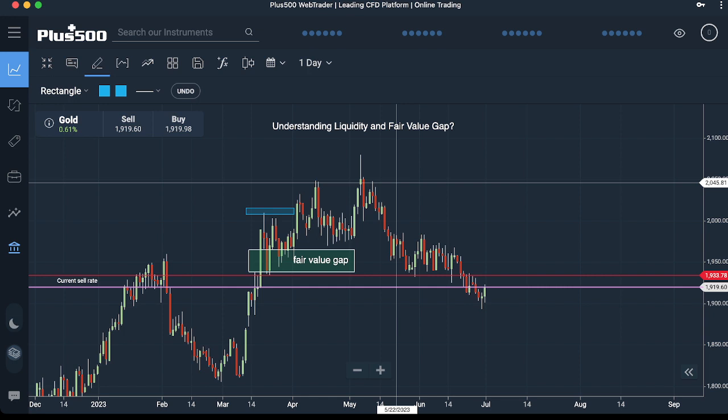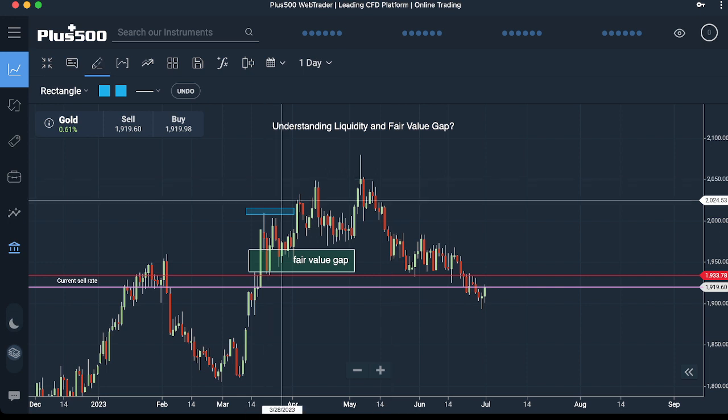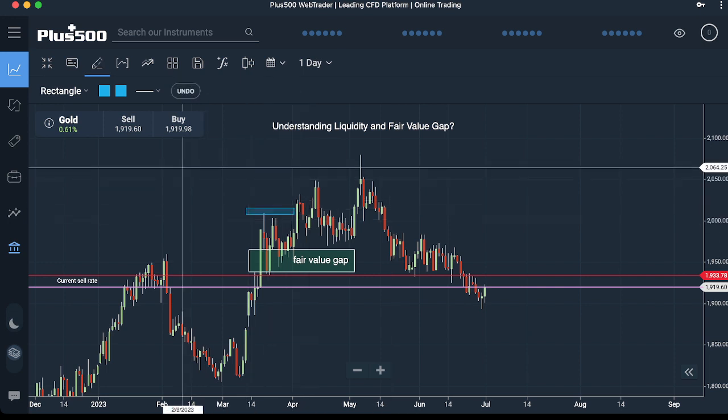And also you have to understand that price action is fractal. When we say the price action is fractal, it means that it's moving based on the previous higher time frame.